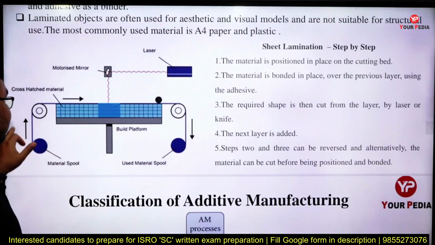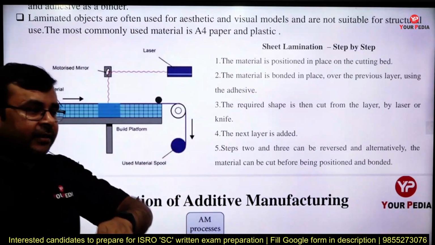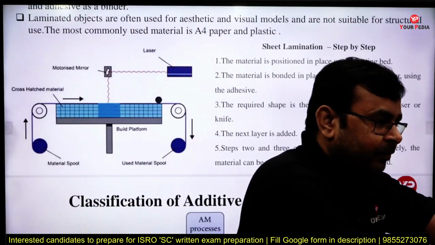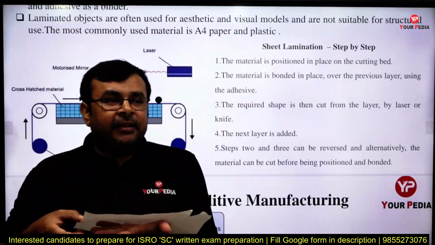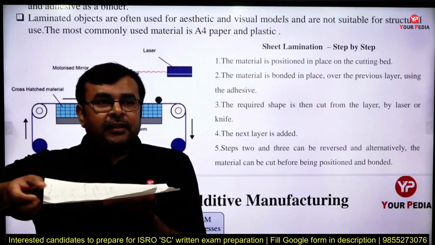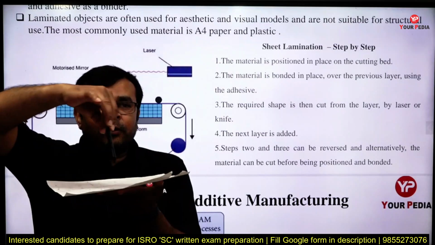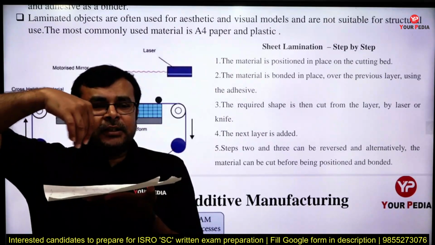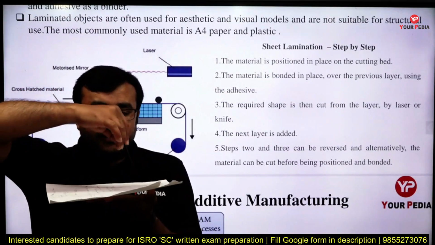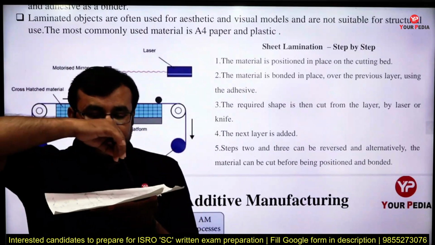Let us see what steps we need to perform. You can see this is the material spool, and with the help of this spool you spread the paper, and over this paper we provide a binder according to the exact shape of the object. Once you get this, with the help of laser light or ultraviolet ray, we cure it.